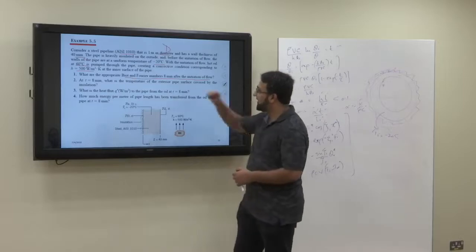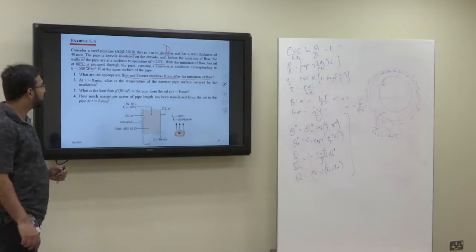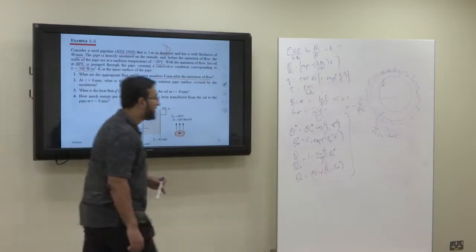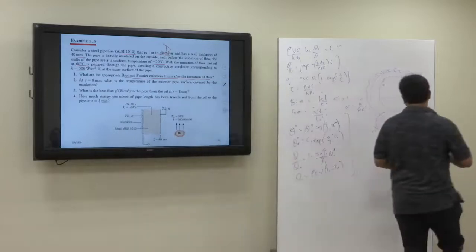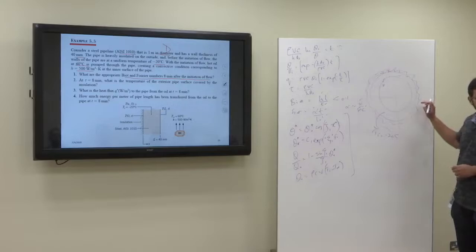Second part is that at t equals 8 minutes, what is the temperature of the exterior pipe surface covered by the insulation? So we need to find the temperature of the exterior pipe surface which is covered by the insulation.